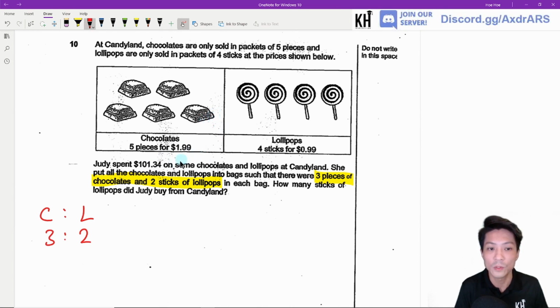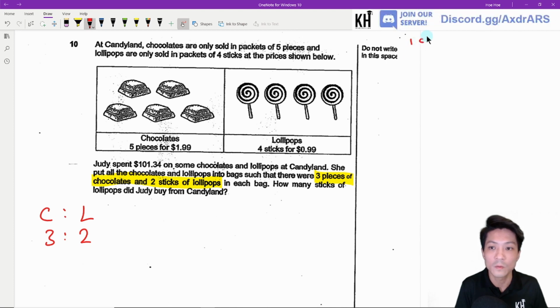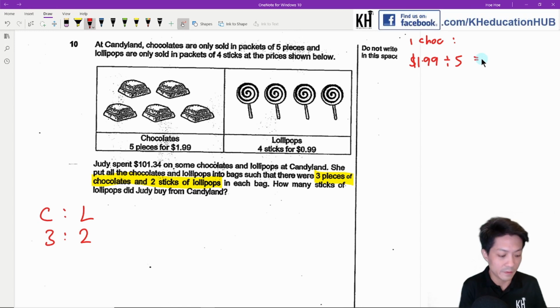Okay, so I'm going to use the grouping method, but before I use the grouping method, I am going to find out the cost of 1 piece of chocolate and 1 piece of lollipop. So I'm going to write over here, 1 chocolate is 1.99 divided by 5.